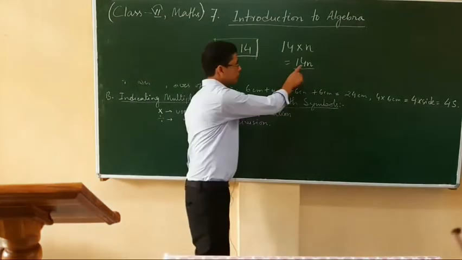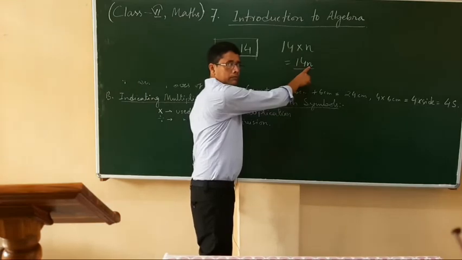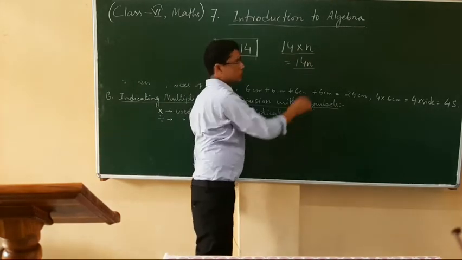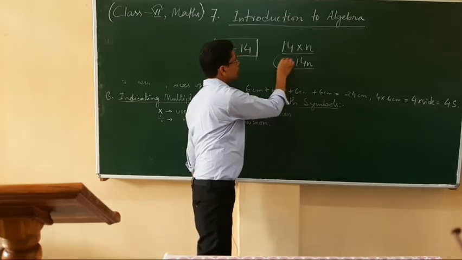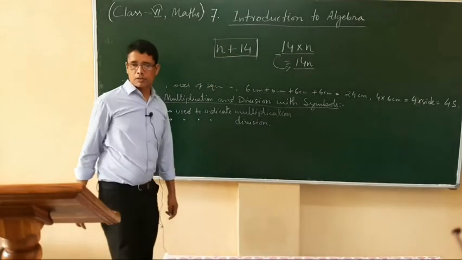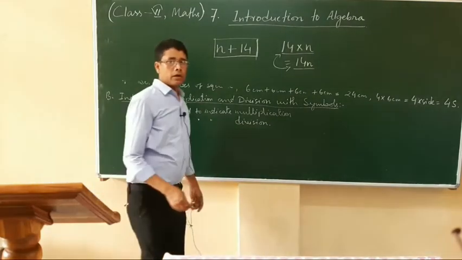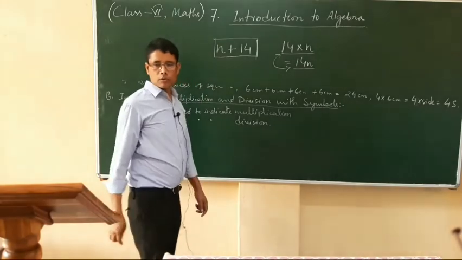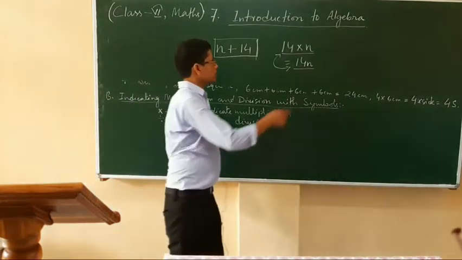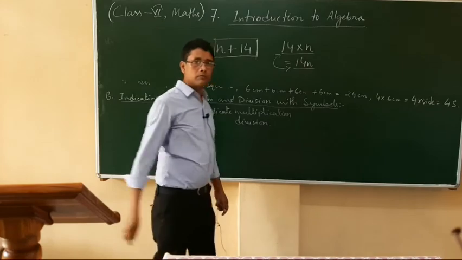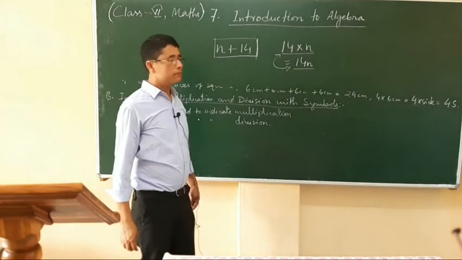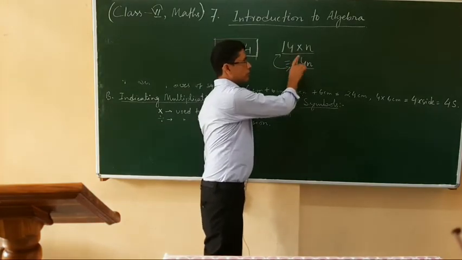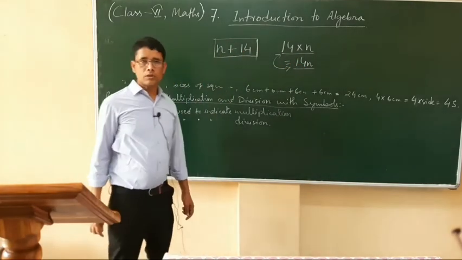So, there is no symbol between 14 and n. It means it is multiplication. Whether you write it like this, 14 into n, or simply 14n, it is the same thing. Then I can also read this as the product of 14 and n. Then I can also say it as 14 multiplied by n, read like that, and I can also read it as 14 groups of n. Okay.